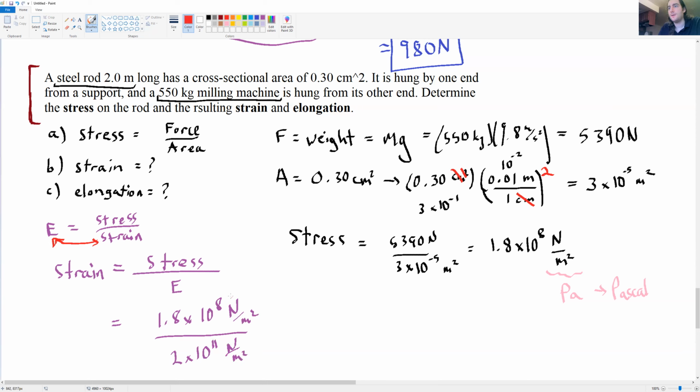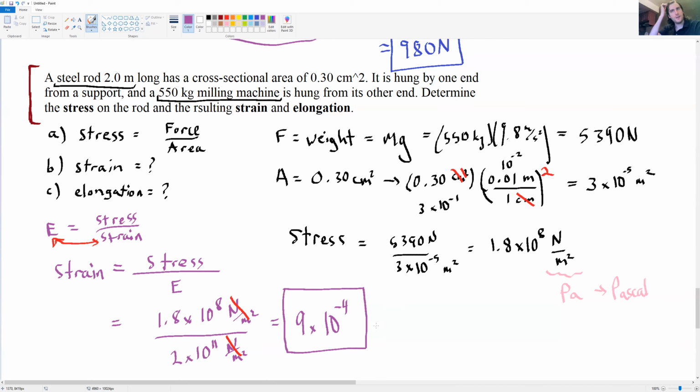We can see here the units cancel, giving us a unitless quantity. And this comes out to 9 times 10 to the minus 4, I believe. Yeah, that's correct. This is a unitless quantity.